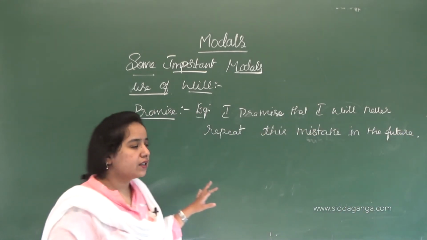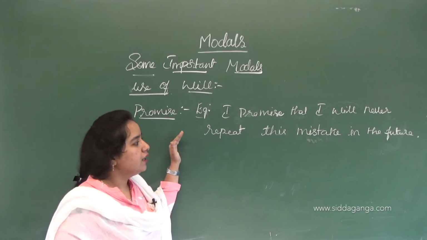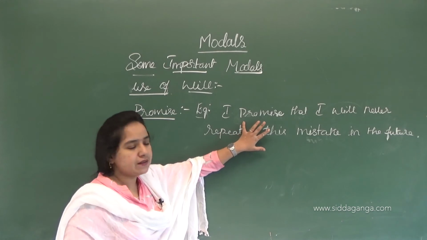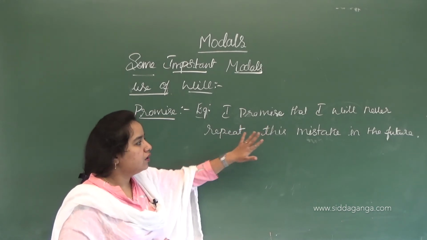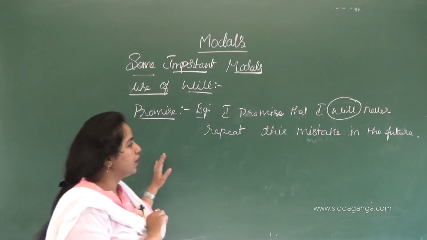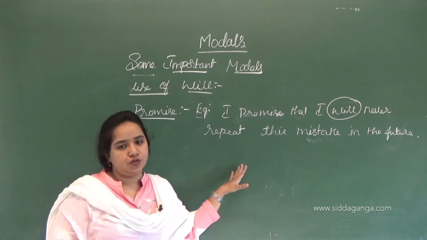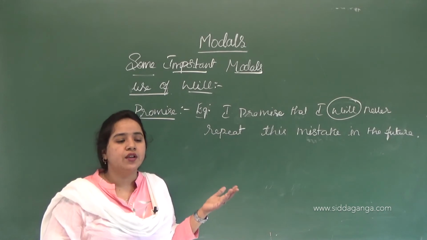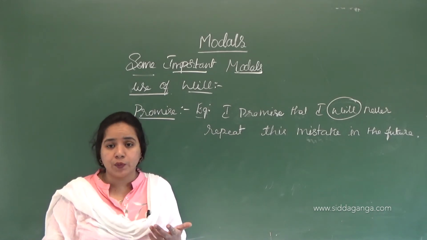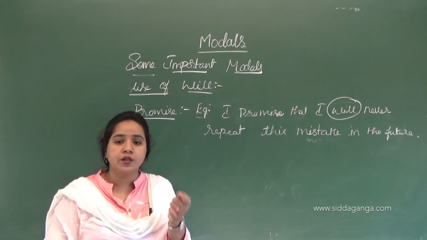Okay. See here, I promise. It expresses a promise about something that will not happen in the future. I promise that I will never repeat this mistake in the future. Usually we do that when we are caught by our parents or our teachers, and we are requesting them and promising that the act will not be repeated in the future.